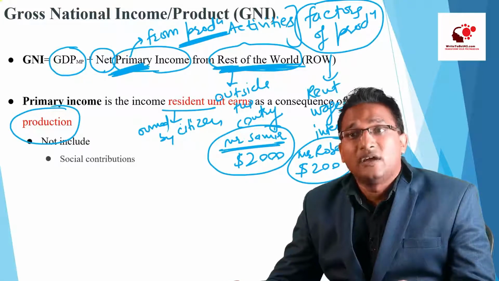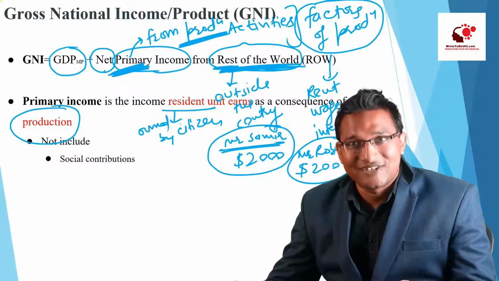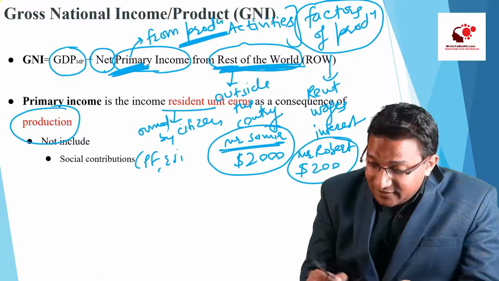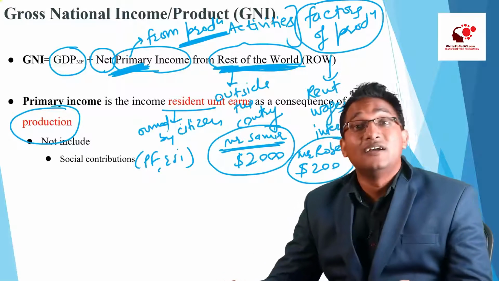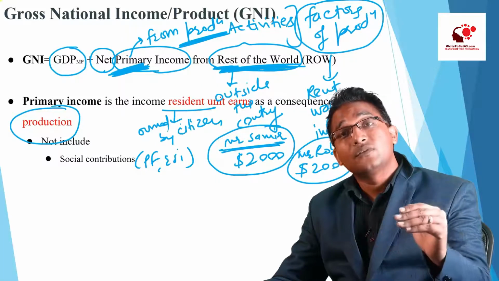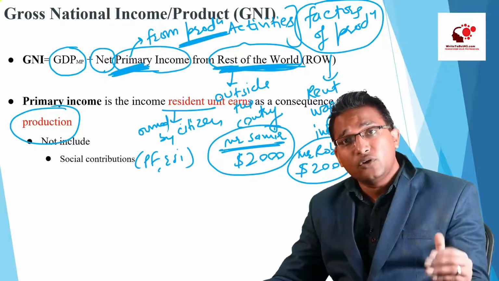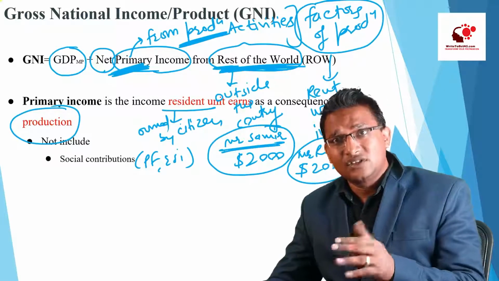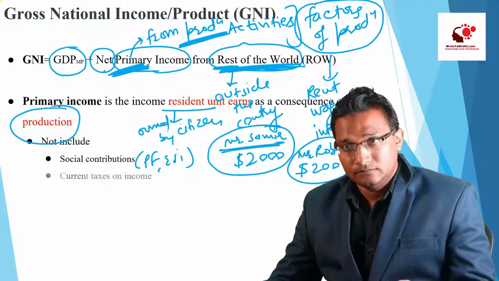It does not include what? It does not include social contributions. So social contributions like Provident Fund, ESI. So this Provident Fund, ESI, they are contributed by the employee and the employer, and both of them contribute, and finally at the time of retirement or at the time of resignation, the employee gets some share.